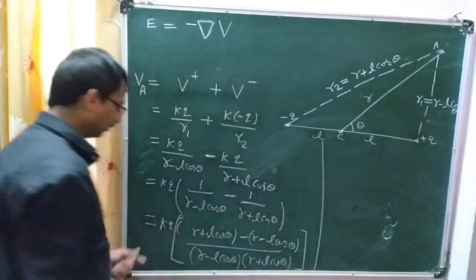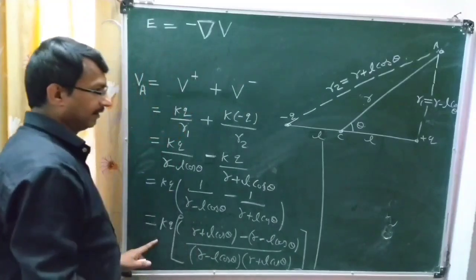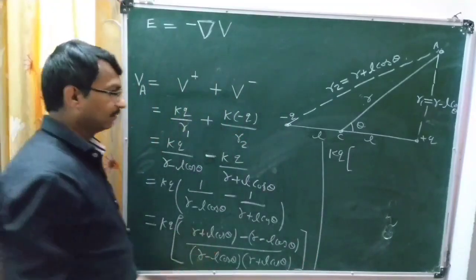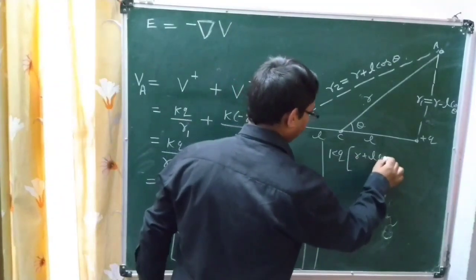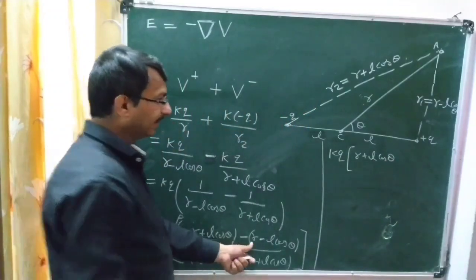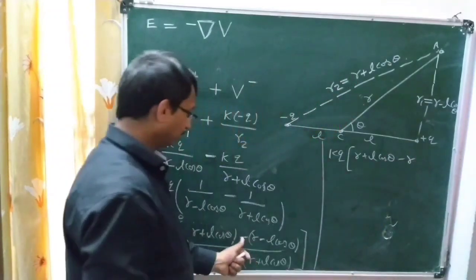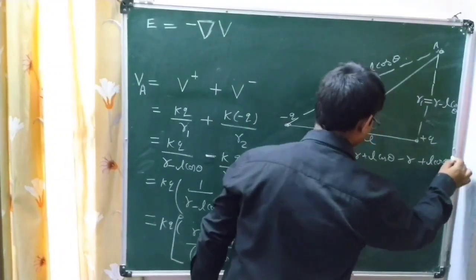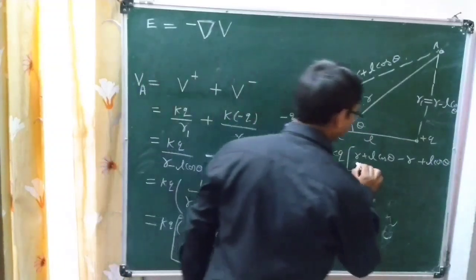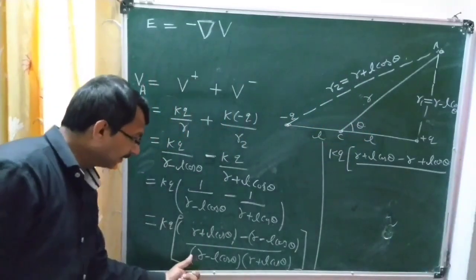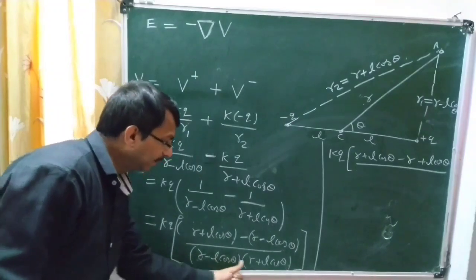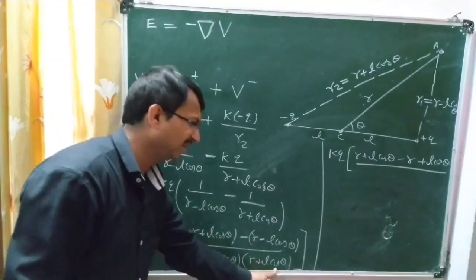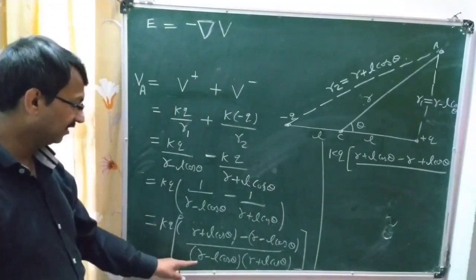Now open this bracket. It is kq, r plus L cos theta, open this minus, minus minus plus, divided by. Now see the relation: a minus b, a plus b. You have learnt it in class 10th. a minus b into a plus b gives a square minus b square.